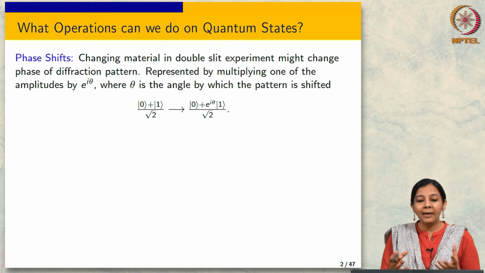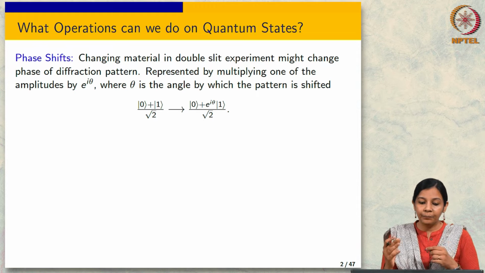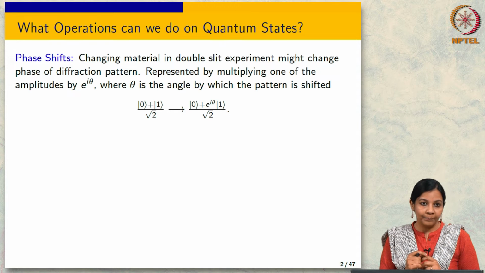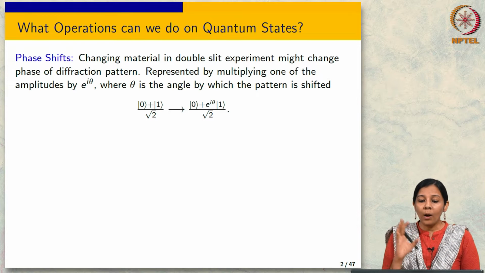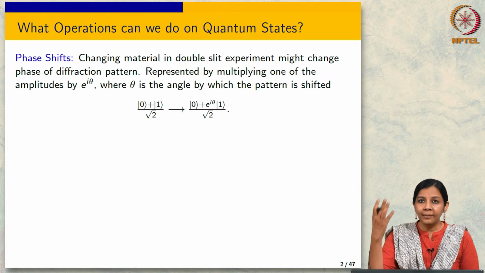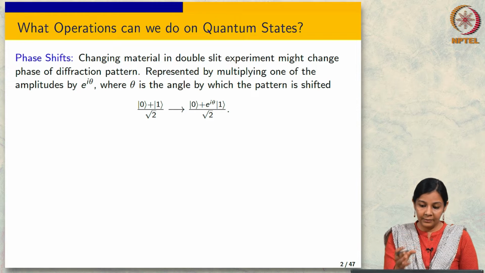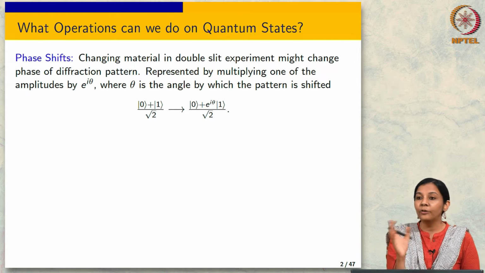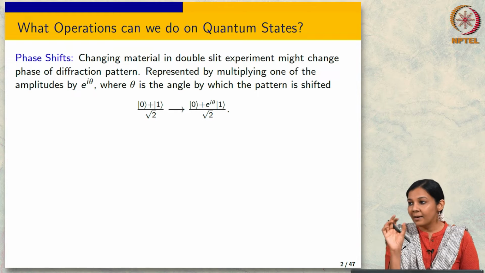The idea is simply that I want to somehow mathematically capture a change in the diffraction pattern. This is represented by multiplying one of the two amplitudes by a phase shift.